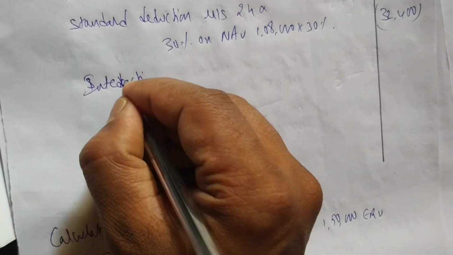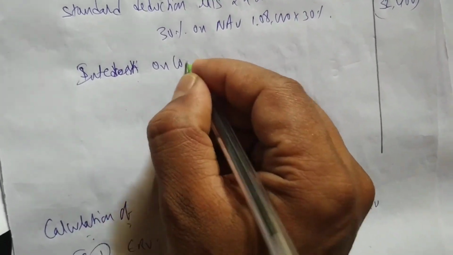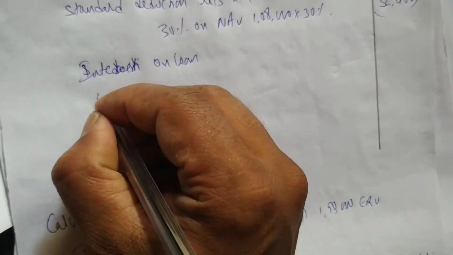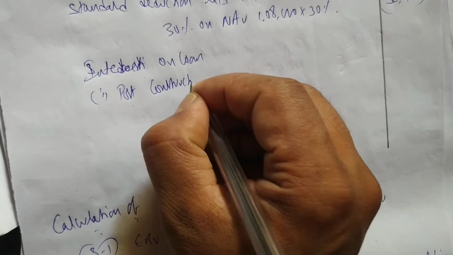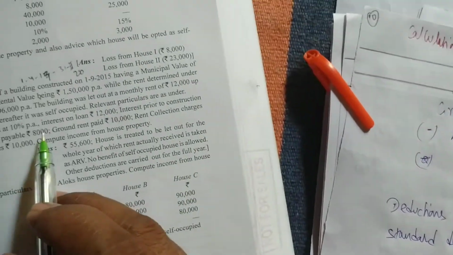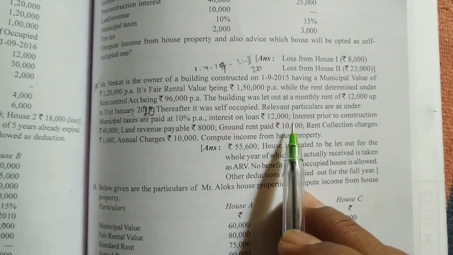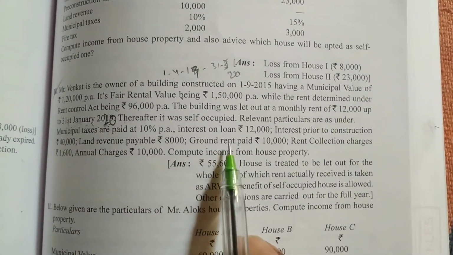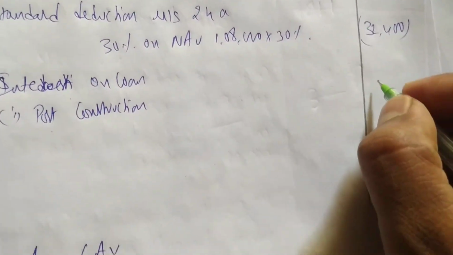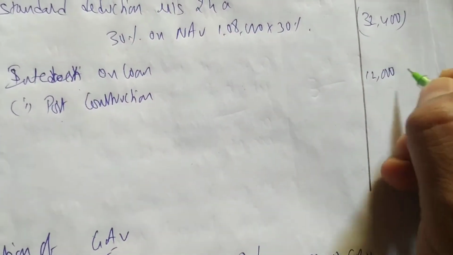Interest on loan. Okay. First one is post construction. How much is post construction interest? He is saying post construction interest is 12,000. You can take directly 12,000 here. Okay.